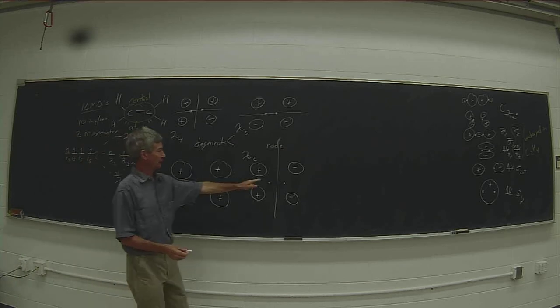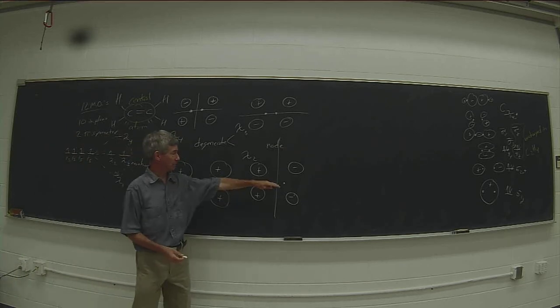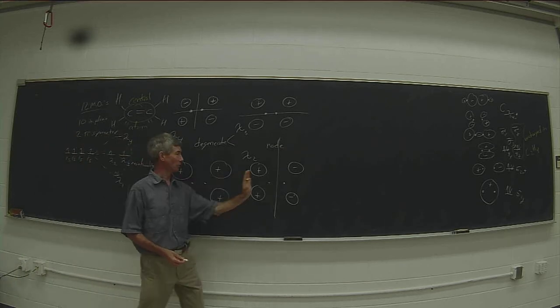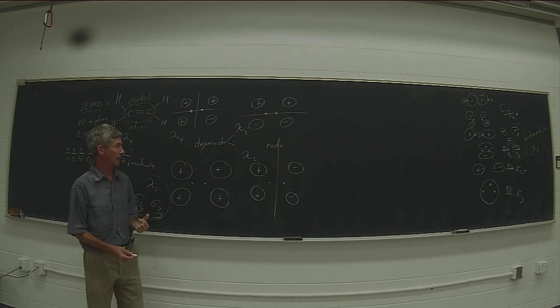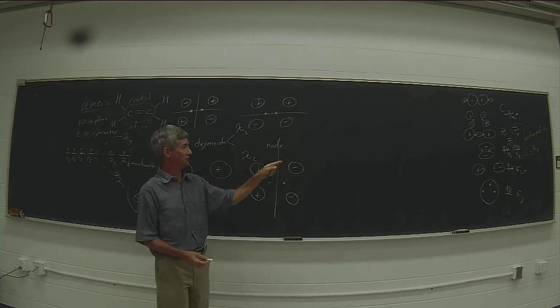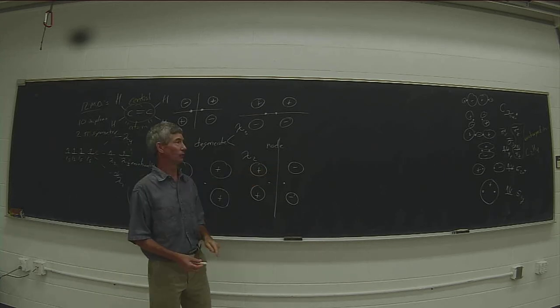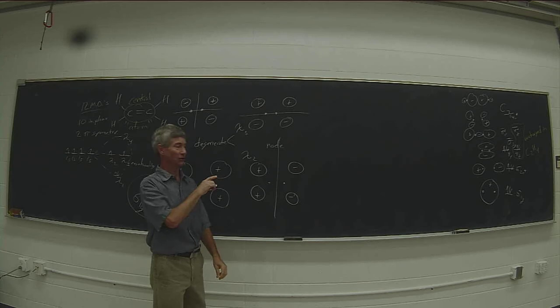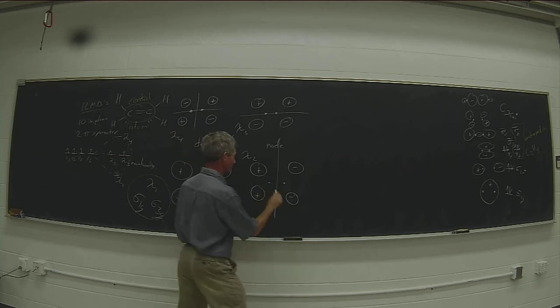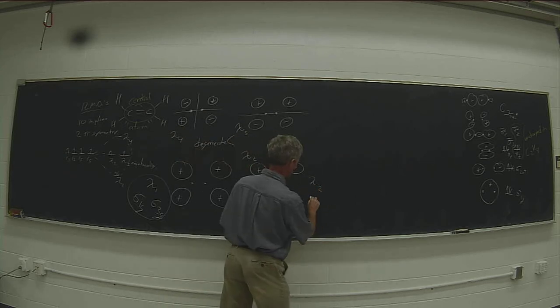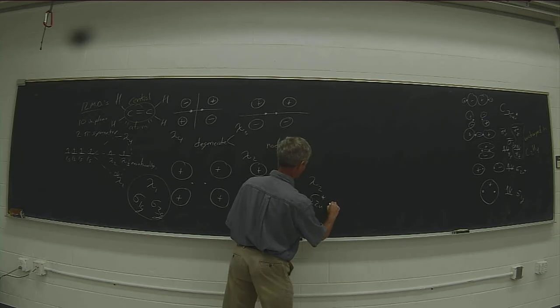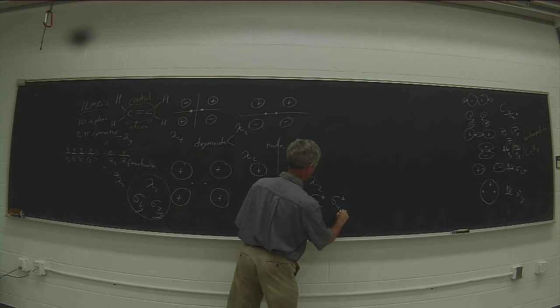Lambda 2 is gerade with respect to reflection through the xz plane, but ungerade with respect to reflection through the yz plane. That symmetry matches the other two sigma orbitals on the C2 dimer. So lambda 2 is going to interact with sigma 2u star and sigma 4u star.